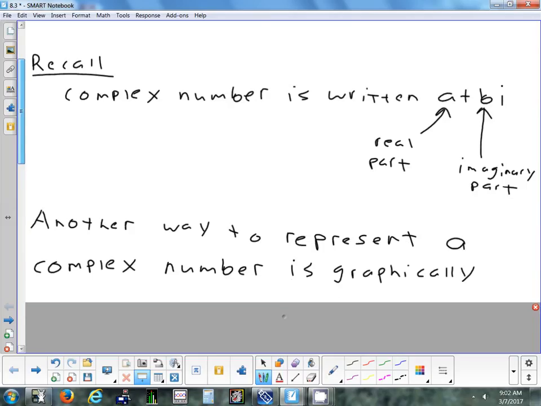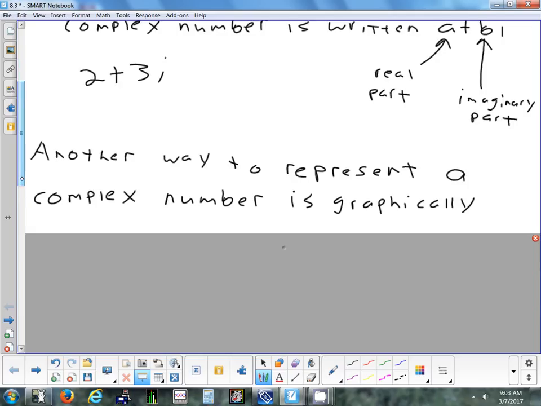All right, so just a reminder that a complex number is written generally in what's called standard form, real part plus imaginary part. So there's an example of a complex number. 2 is the real part, 3 is the imaginary part. Another way to represent it besides writing 2 plus 3i is you can actually graph it.